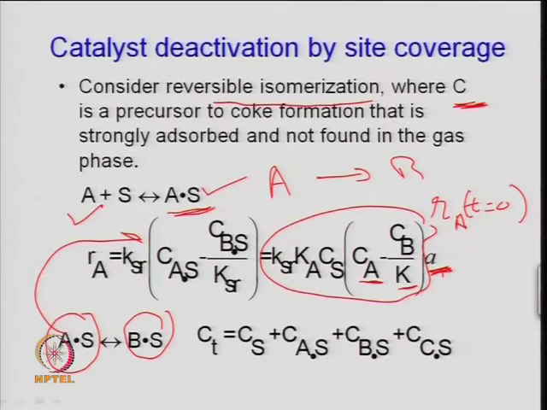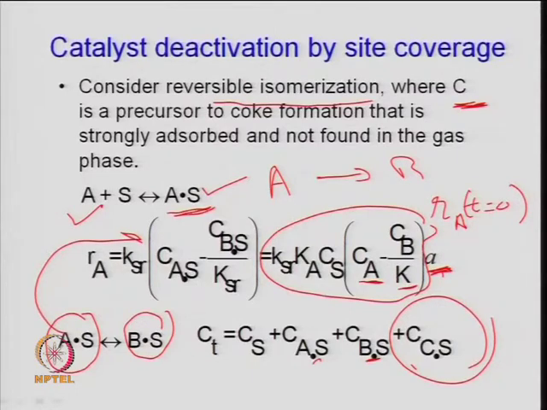So, one can write this activity which is written here in terms of the concentration of vacant sites plus concentration of sites covered by A plus concentration of sites covered by B plus the concentration of the sites covered by the poison precursor. So, this is the number which will come in the denominator of the Langmuir-Hinshelwood expression, right.